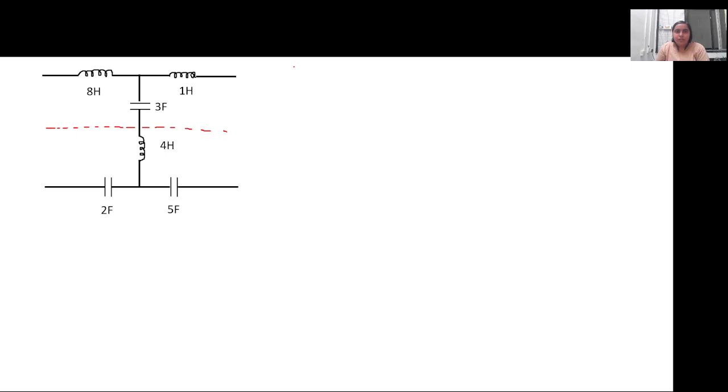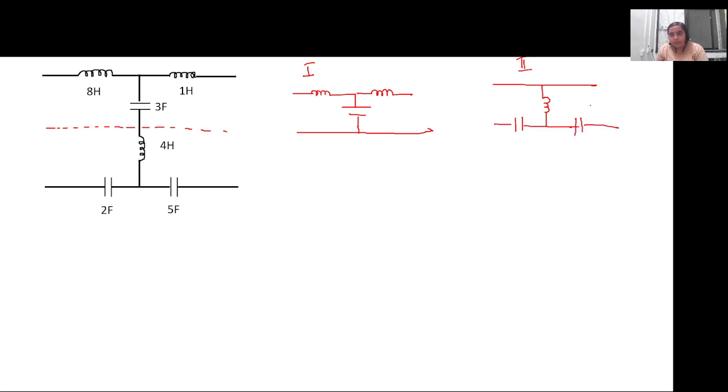Network 1 will be these two inductors and the capacitor, and network 2 will be the inductor and the two capacitors, because if we add these two, this is the same point itself.